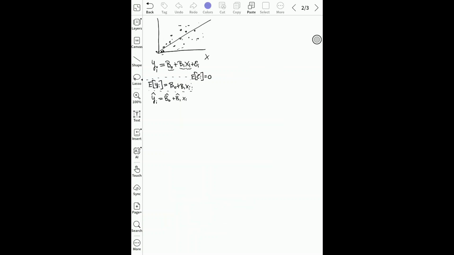Okay, so when we left off, we had just defined this equation here, and this equation here. And where do we want to go from this? So again, earlier I said that what we're looking for is a line that minimizes the errors, that minimizes the total sum of errors.